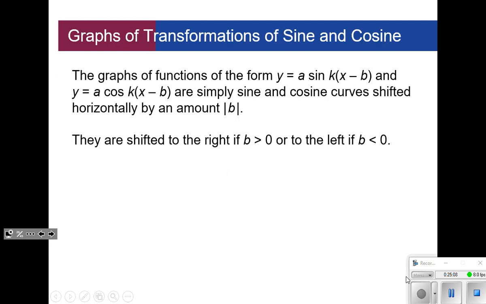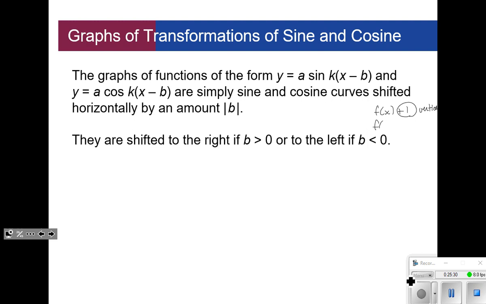Now, we've got one more thing to talk about, and that is shift. We've talked before about if a shift is inside the function, it's a left or right shift. Let me explain that a little further. Remember, if we had f of x plus 1, this is vertical shift.